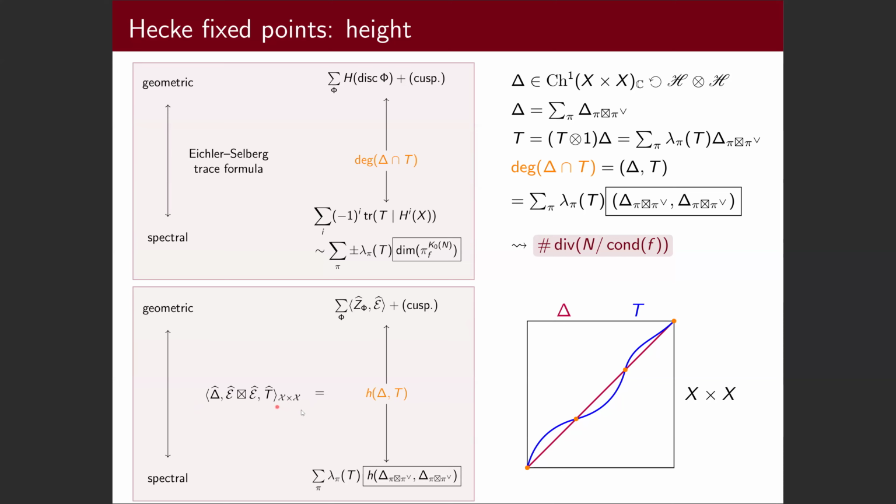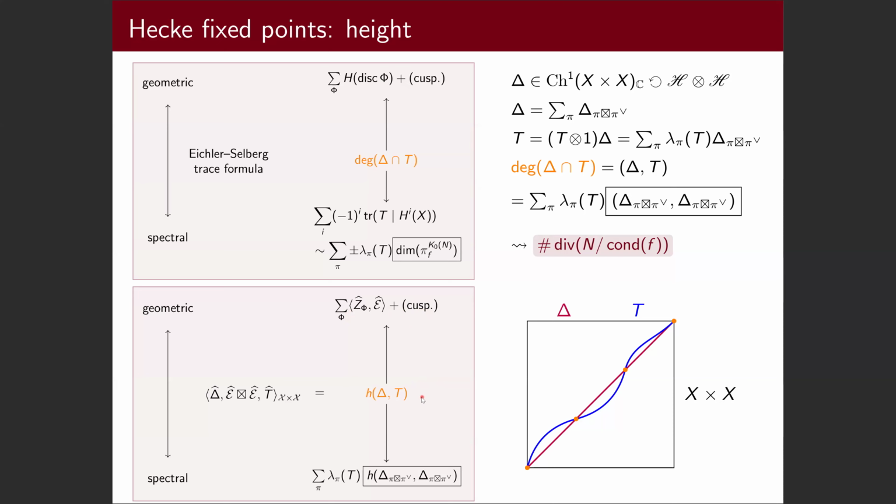The integral model, you get something 3-dimensional, so it makes sense to pair 3 divisors on the integral model. And just like before, at least formally, one expects to decompose this intersection number in 2 ways. So the first way is by analyzing the sort of physical intersection. So we decompose the physical intersection into CM cycles, and we take their height. Okay, and again, there's some cuspidal contribution, which I'm ignoring here.